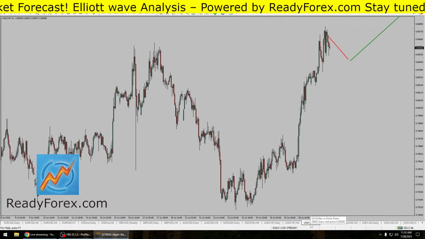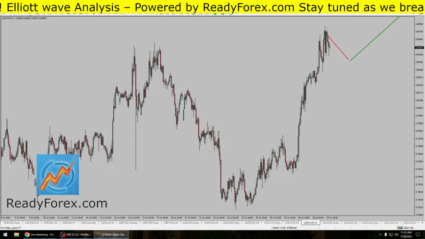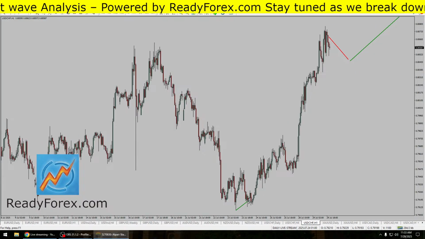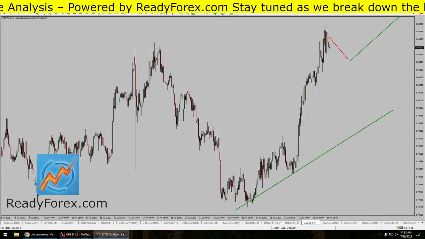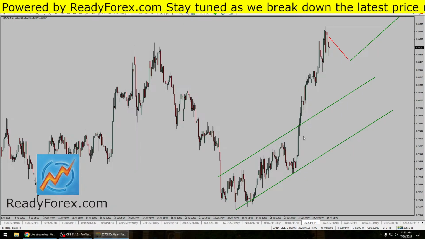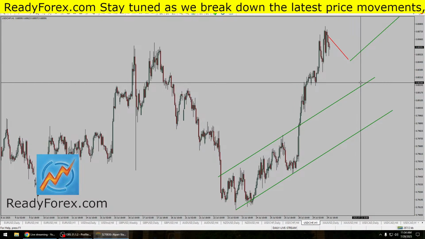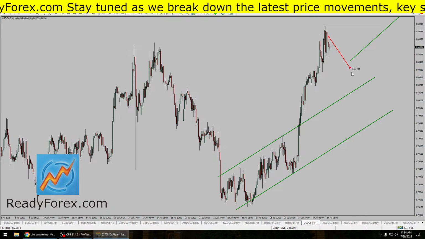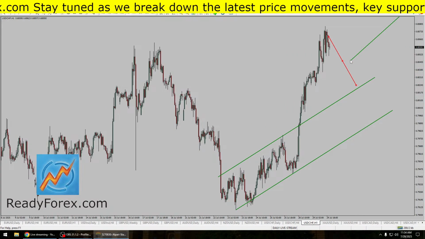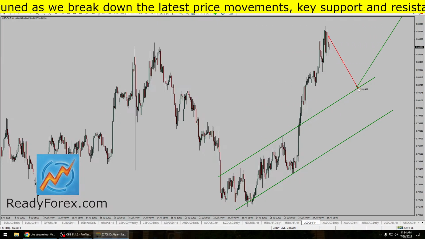If you check out the US dollar Swiss franc 1-hour chart, the trend is still up over here, and we can draw a simple trend line over here. So it is an uptrend, and we could get a pullback all the way down to test this bullish trend channel over here.